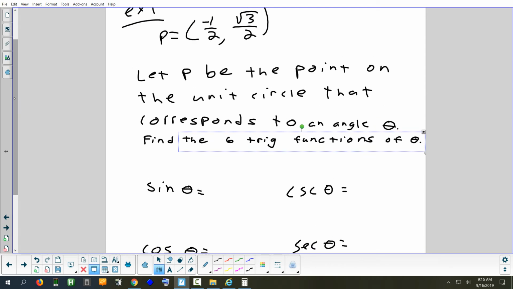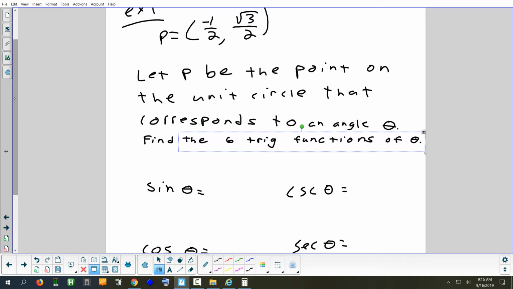And we'll start with sine. Brianna, do you remember what the formula for sine was? It said sine equals y. So we go up and look at our coordinate. And Sebastian, what's the y value in my coordinate?